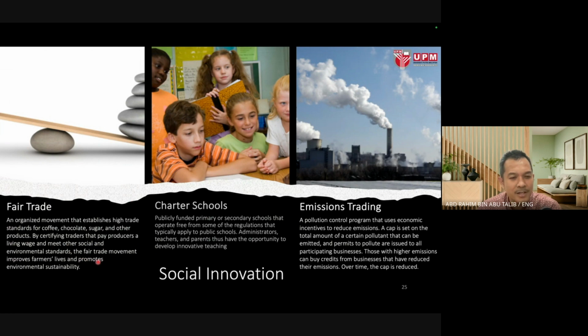So who is the culprit here? Basically the middleman and the traders. Okay, so fair trade an organization, they come into the picture, and basically they certify traders to pay more reasonable price to the farmers, as well as to promote environmental sustainability. That's one example of social innovation.